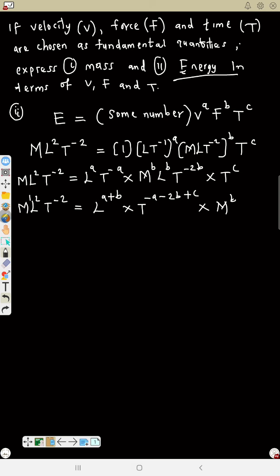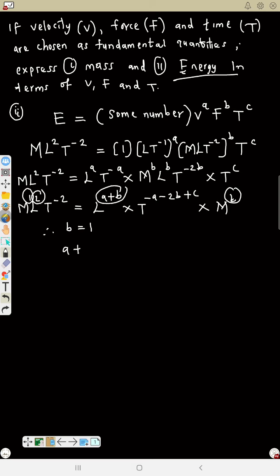So now let's start the equating again. The power on m here is 1, the power on m here is b, so b is equal to 1. Again, the power on L here is a plus b, the power on L here is 2.